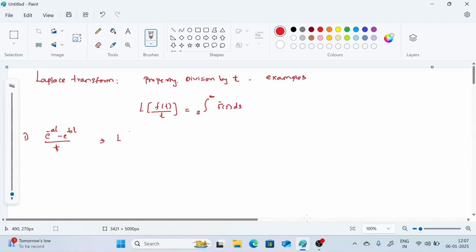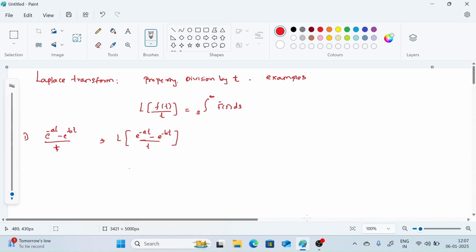We have to find Laplace of (e raised to minus at minus e raised to minus bt) upon t.